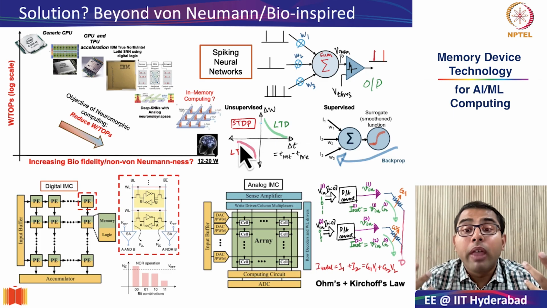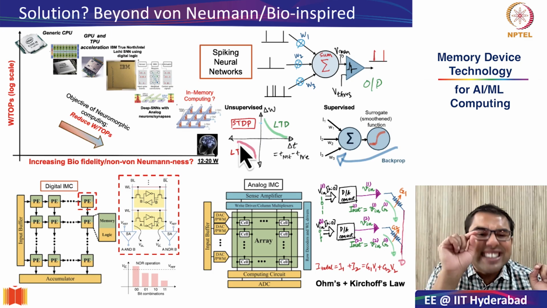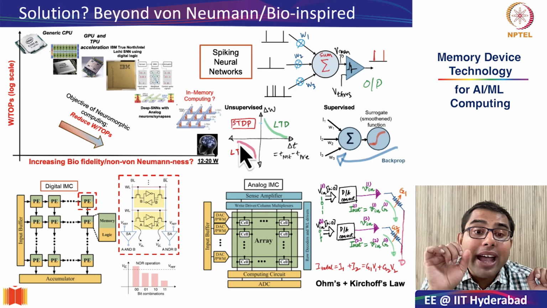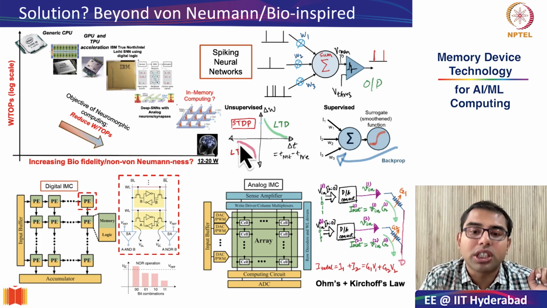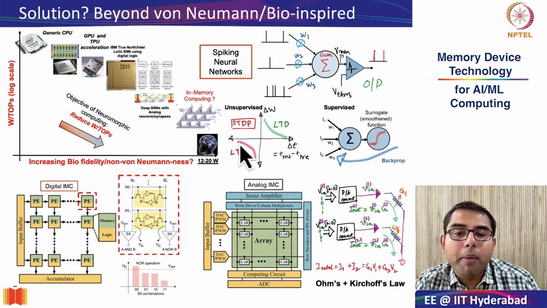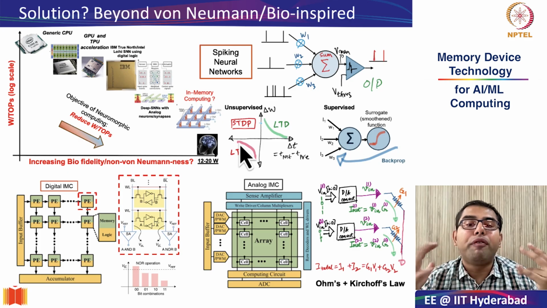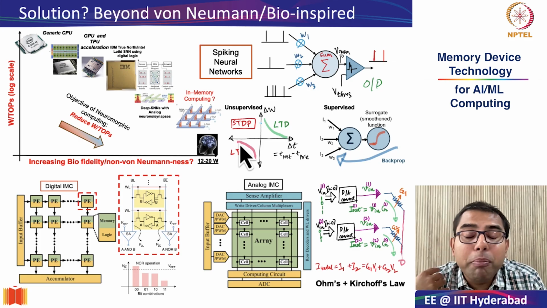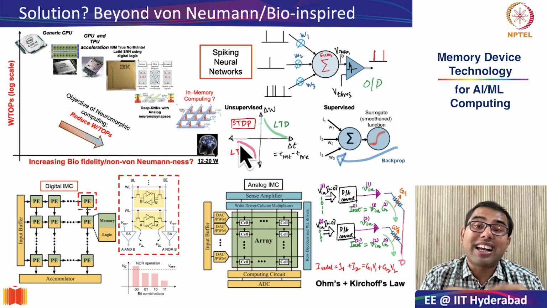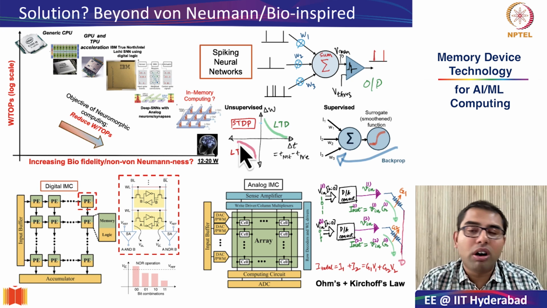Conversely, as you saw, in analog in-memory computing, the approach was simply how can you drastically accelerate and make vector matrix multiplications very low power. And this was achieved in a single time step by exploiting fundamental physics, using both Ohm's law and Kirchhoff's law. With this, we conclude a quick overview of what we covered in the past 12 weeks.